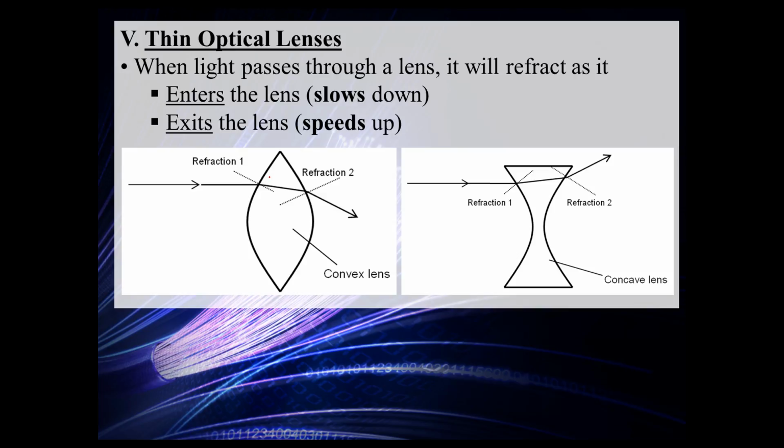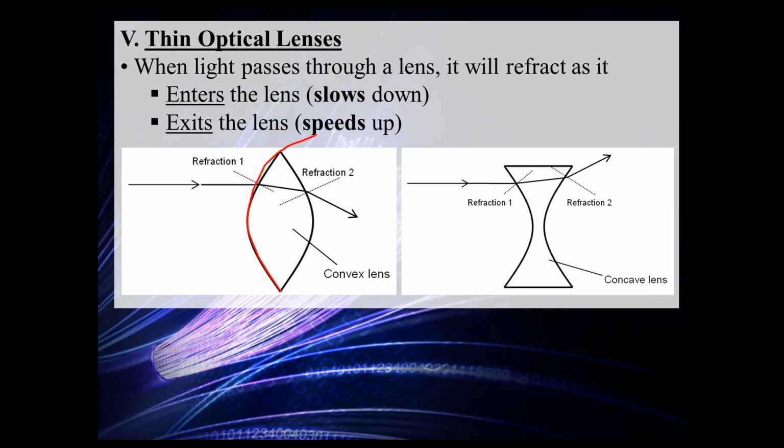One other thing to note here is that you can model the lenses using two different spheres. So this is going to be a little bit different compared to looking at a spherical mirror. So let me show you what this would look like. So let's take this side, and we're going to try to draw a sphere or a circle shape to it.